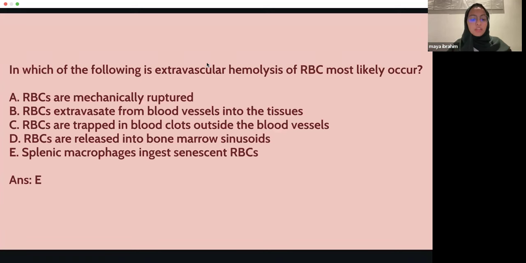The MCHC increases, the cytoplasmic viscosity increases, and so the RBCs don't have that deformability feature anymore. And when they come to the spleen, they can't go through the splenic pores, and they get taken up by the macrophages of the spleen. And this is the most likely thing to occur because all the RBCs after 120 days go through this.